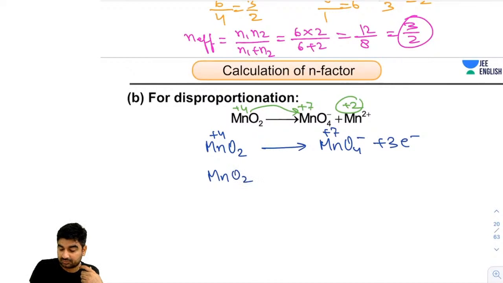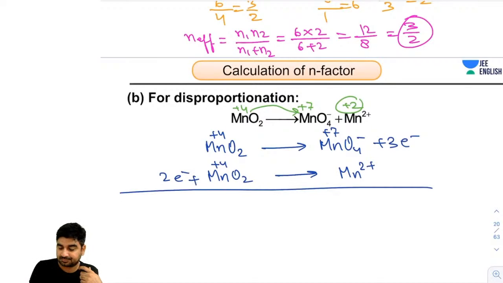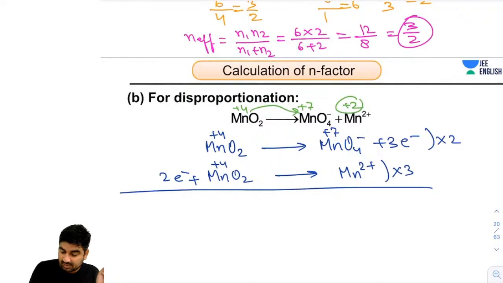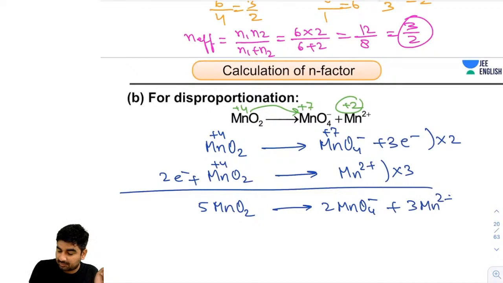Now we have MnO2 going to Mn2 plus, plus 4 to plus 2. Again there is gain of 2 electrons, right? Now multiply it by 2 and multiply it by 3. When you do it, guys, you will be getting 5 MnO2 giving 2 MnO4 minus and 3 Mn2 plus.